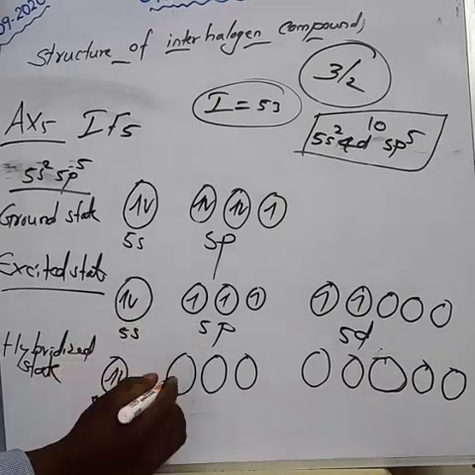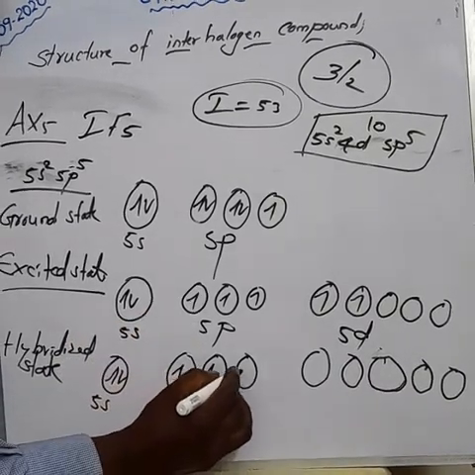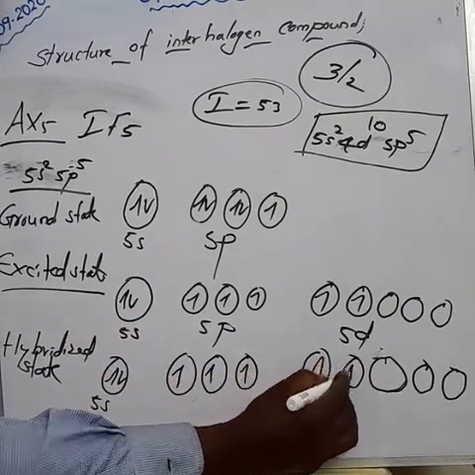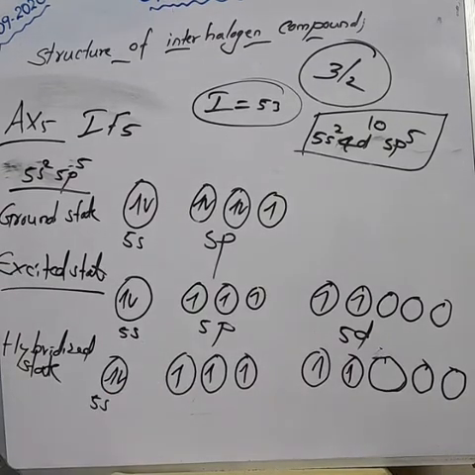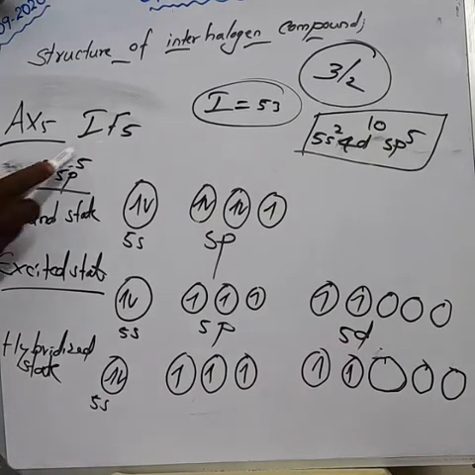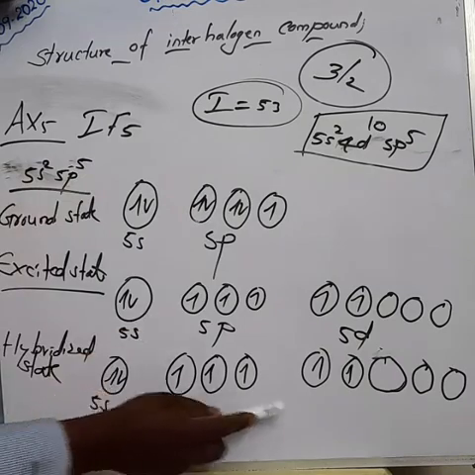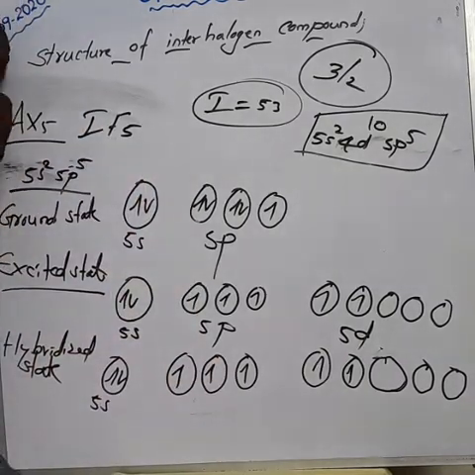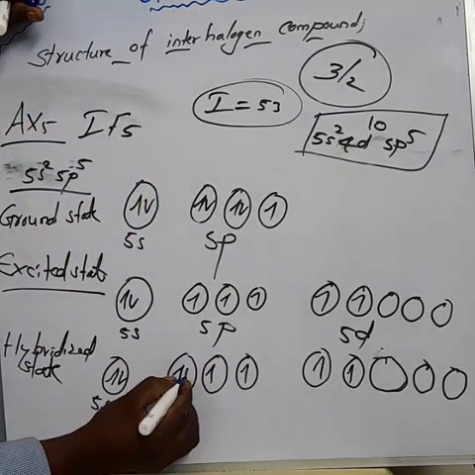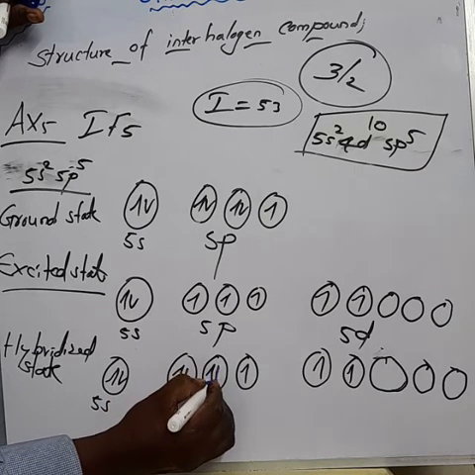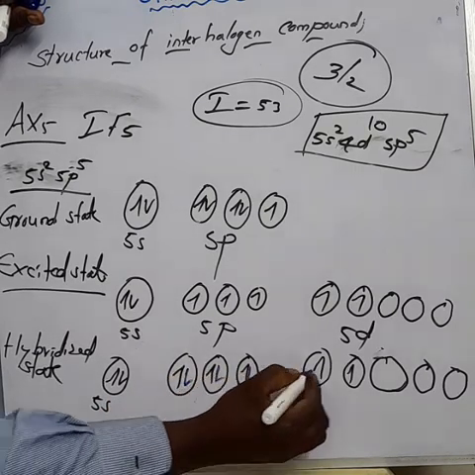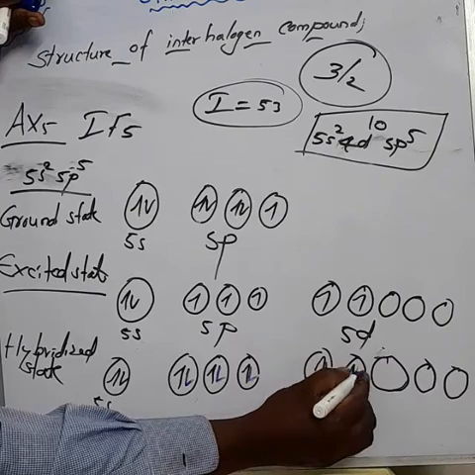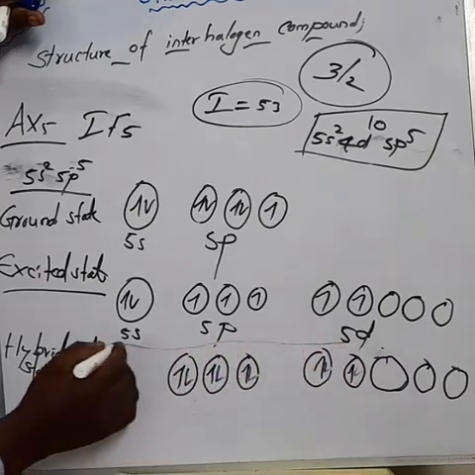Here having single electron 1, 2, 3, 4, 5. Clear. Next one is a hybrid state. 5 fluorine atoms there, having here 5 vacancy. The hybrid state join there. One of the fluorine atom 1, 2, 3, 4, 5.